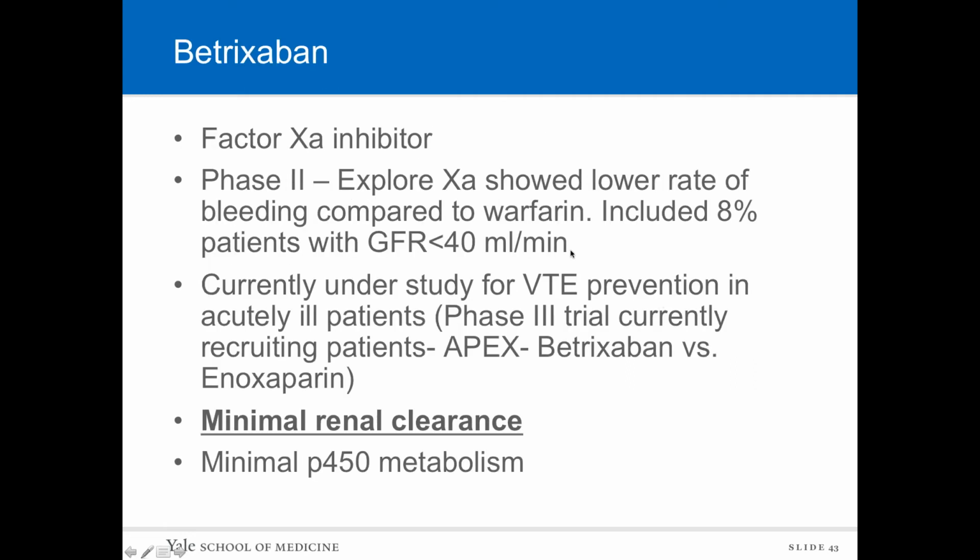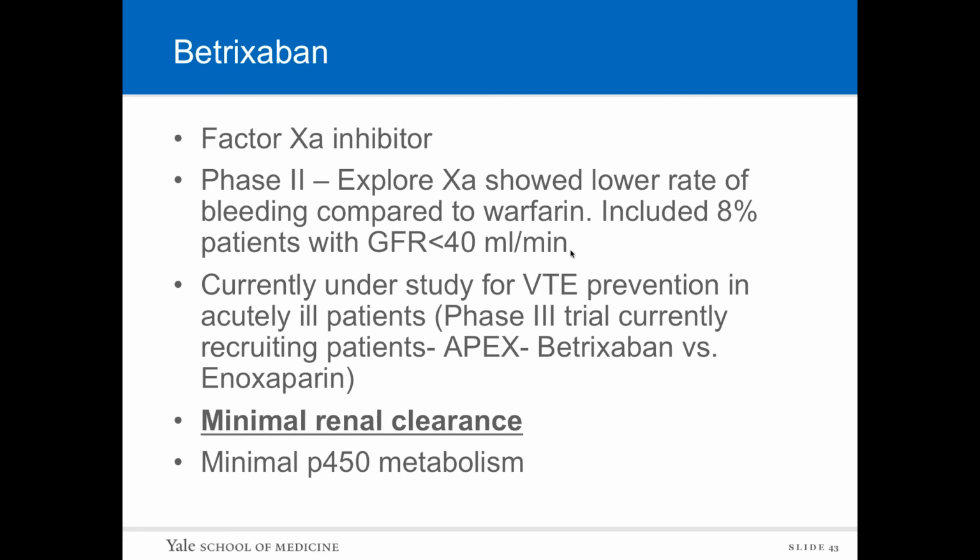And finally, this drug, which has not yet been approved for any of the indications, but the reason I'm mentioning it is because it has minimal renal clearance and may be a bright prospect in the future. It's a 10A inhibitor called Vitrixaban. It had a phase 2 study which included patients with GFR less than 40. It's currently in a phase 3 trial known as APEX, which compares Vitrixaban to Enoxaparin.